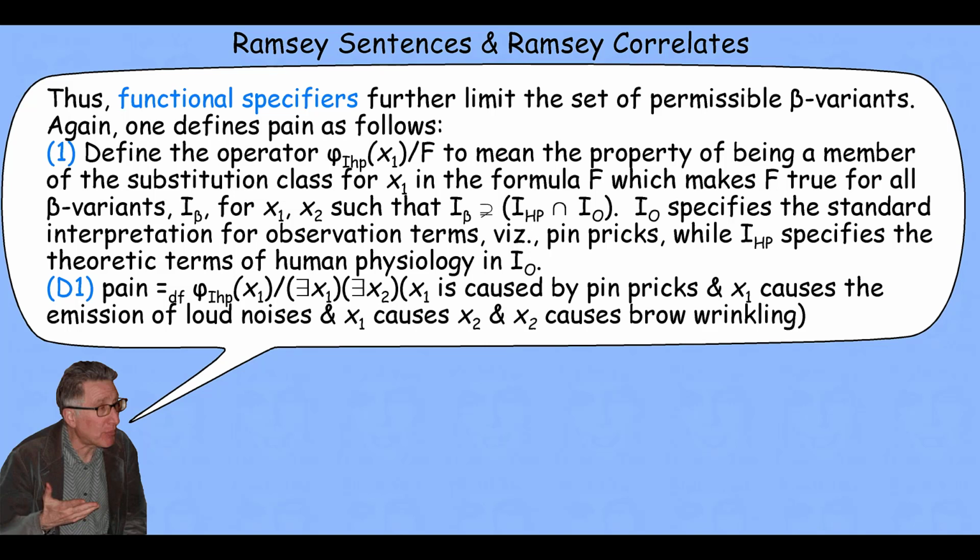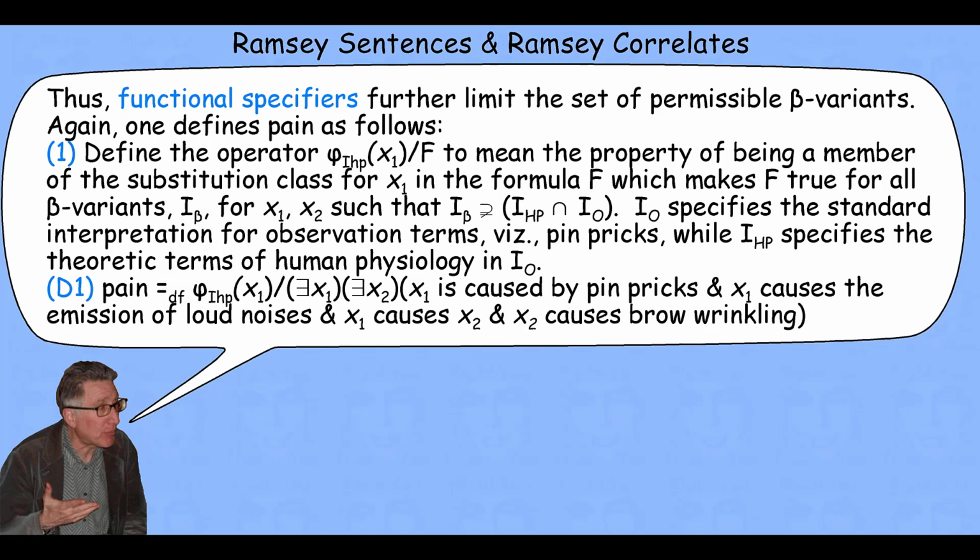So I_O specifies our observation language, the standard interpretation for observation terms like pinpricks, while I_HP specifies the theoretic terms of human physiology within that larger category of I_O.